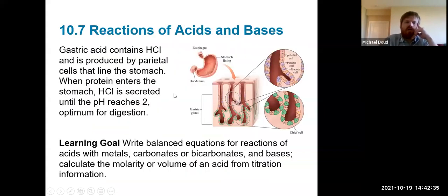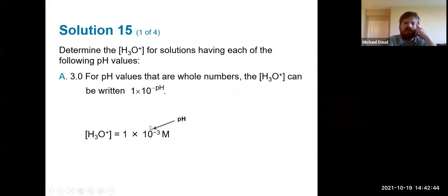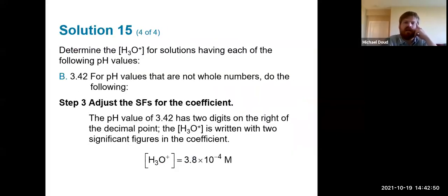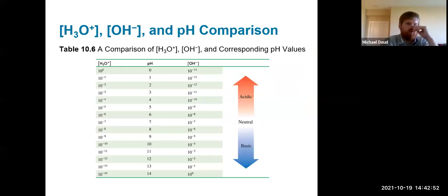Okay, so that is pH and how you can calculate the hydronium ion concentration. I'll just say right now, I'm not going to put this anti-log on the exam. I am just going to give you calculations of pH rather than calculations of the hydronium ion concentration.